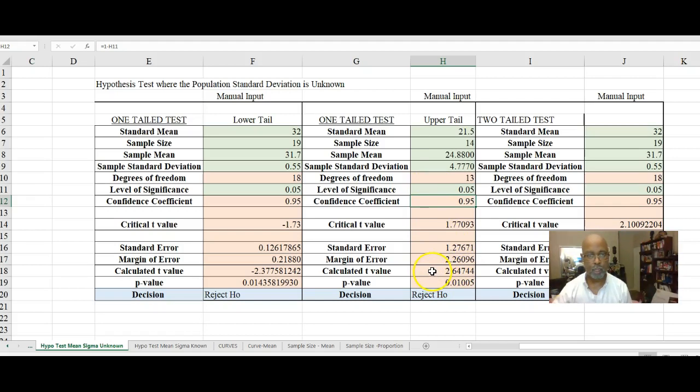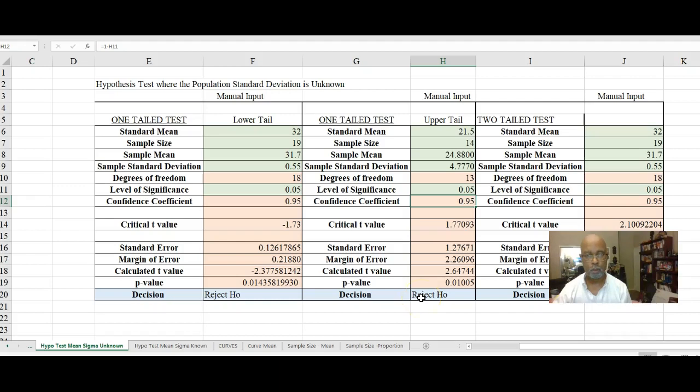So this gives us a calculated t-value, the value of the test statistic, of 2.647. Our p-value is 0.01005.